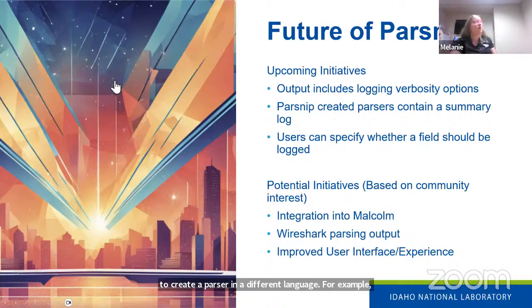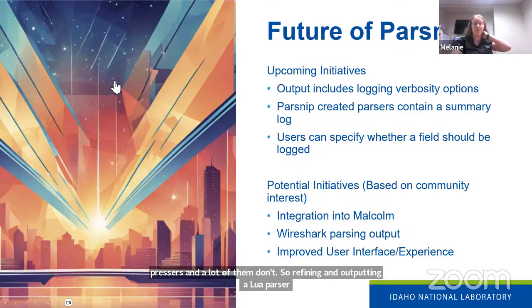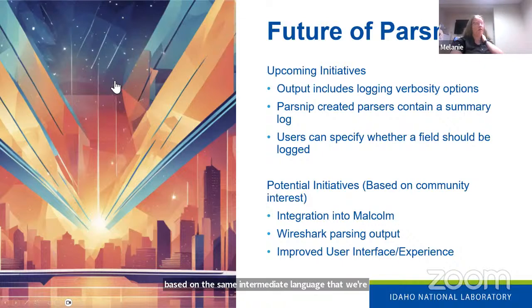A lot of our protocols do have existing Wireshark parsers, and a lot of them don't. So refining and outputting a Lua parser based on the same intermediate language that we're creating for our Spicy parser could greatly benefit the community. And then, as I talked about, an improved user interface and user experience, particularly with the bytes to what you're telling it to parse comparison.